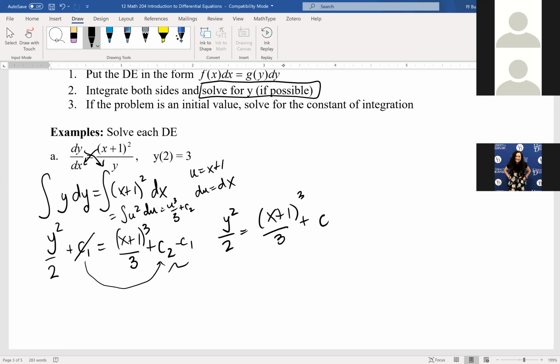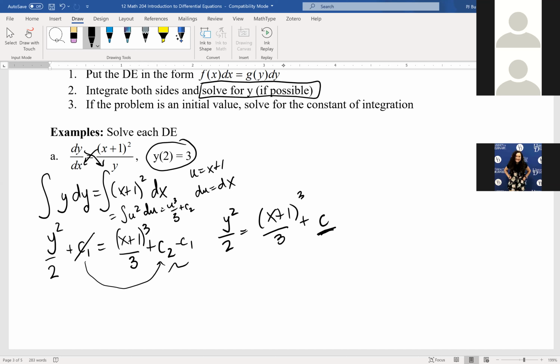So it does say solve for y if possible. Very easy to solve for y here. However, we are given an initial value, and the whole point of the initial value is to solve for c. If I were to start solving this for y, I would be putting c inside of a bunch of stuff, in this case under a radical, which I would then have to undo to solve for c.